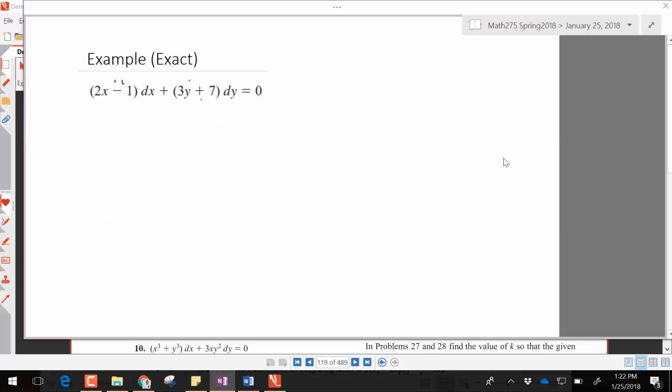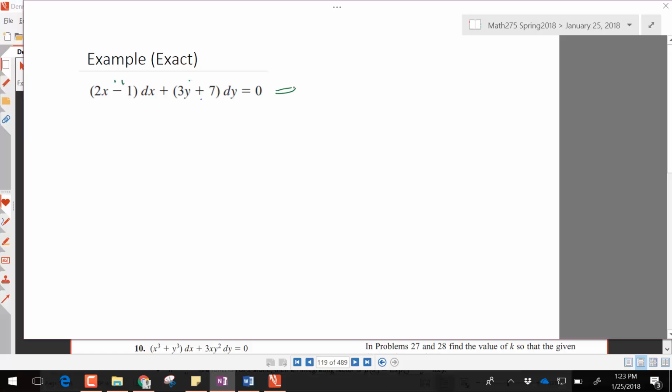Now we've shown that this is an exact differential equation. And the theory behind this is that if this is an exact differential equation, then this must have come from a function of x and y. In other words, this must have been a dz that must have come from a z function.